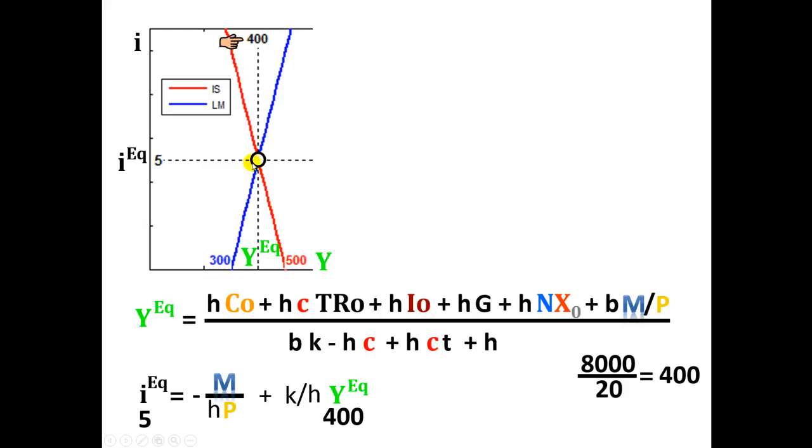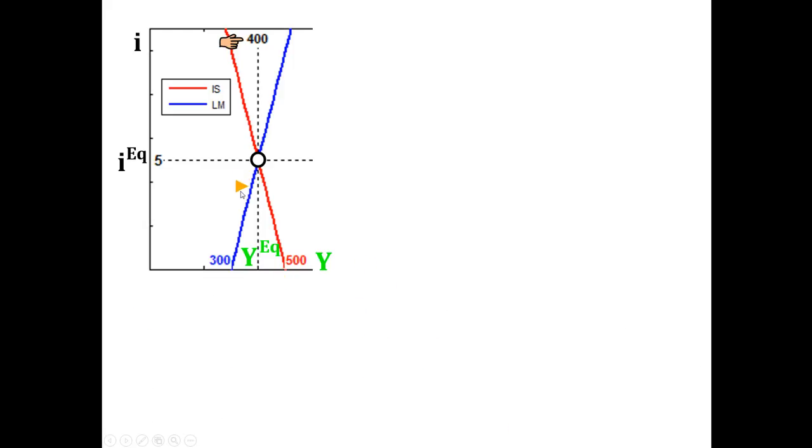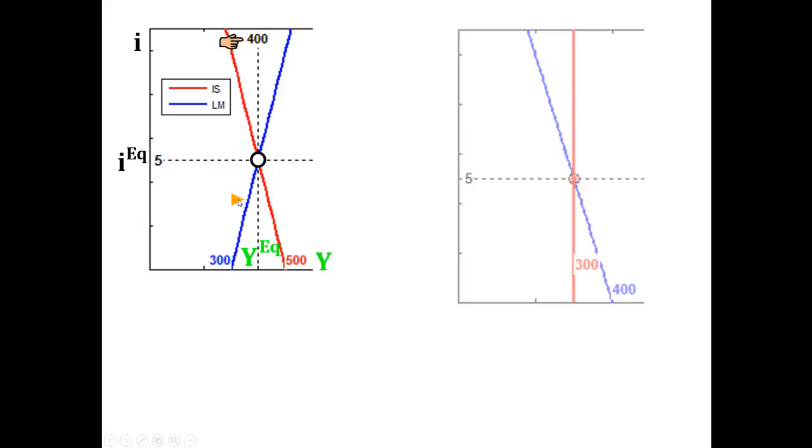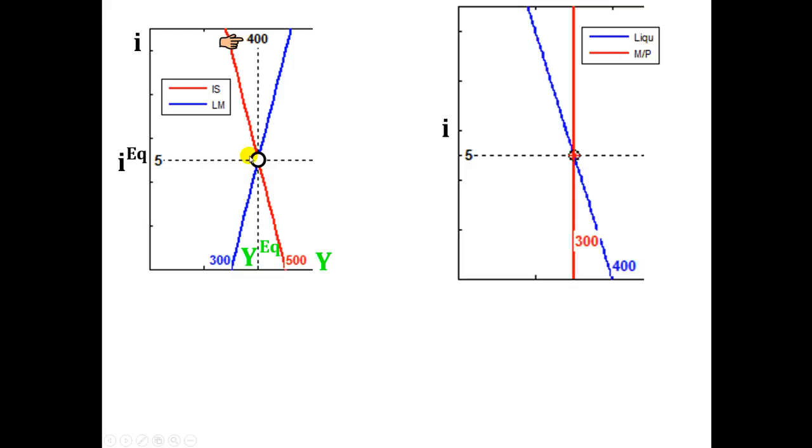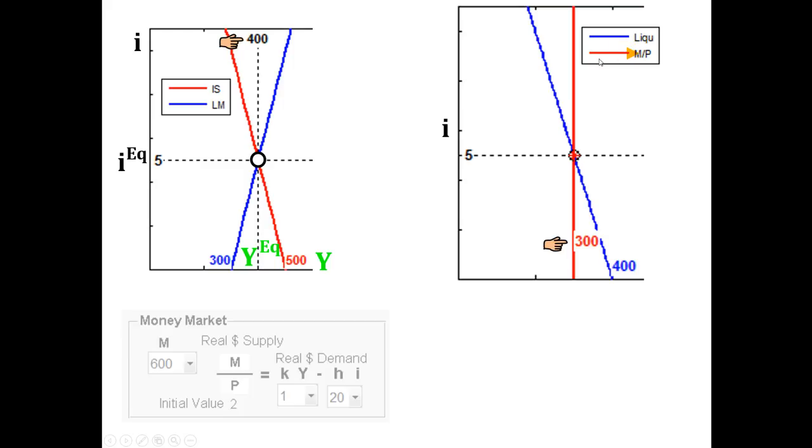Having found this intersection numerically, we can go to the following graph and transfer the information from this graph to this graph. This is what we're going to do now. First, where does this 300 come from? Well, that's quite easy, because this red line is real money supply, this one.